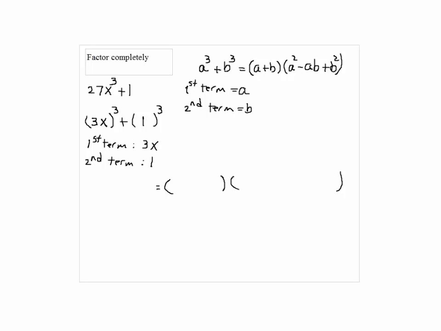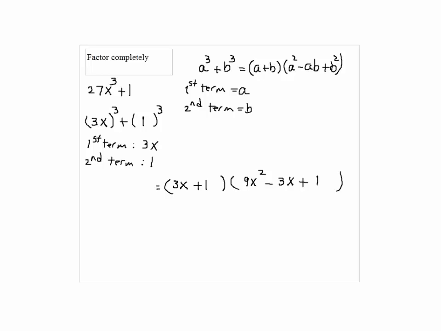When we cube that, we get 27x cubed. And 1 would be the cube of 1 also. So our first term is 3x. Our second term is 1.